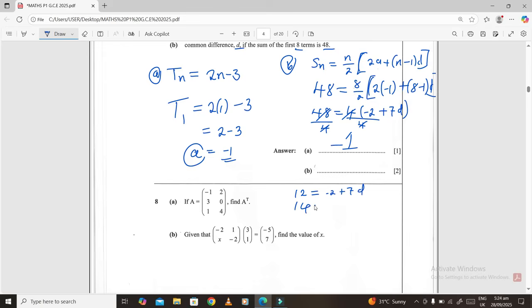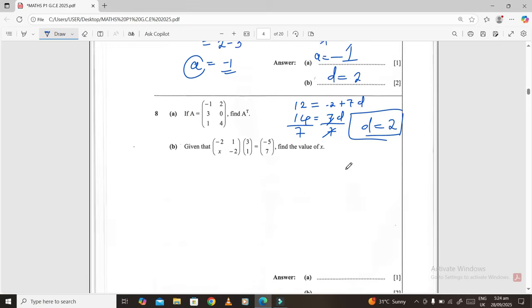This is 14 is equal to 7d. When negative 2 crosses the equal sign, divide by 7 both sides. This and this will go. d will be equal to 2. So the value of d is equal to 2. And this is the a, the first term, in case you don't know.